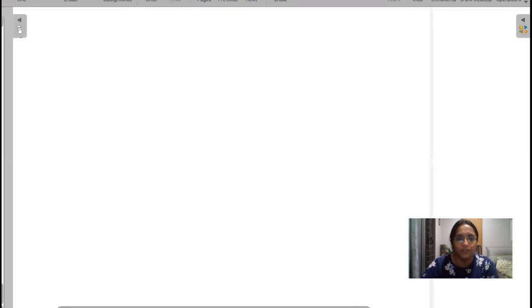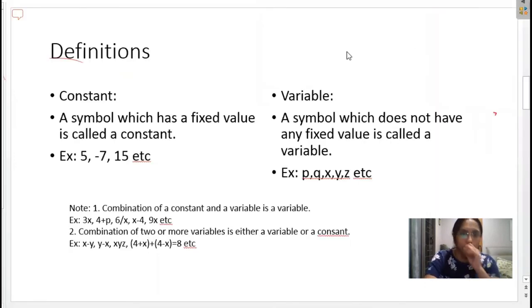I'll take some constants, 2, 3. These are all called constants. A symbol which has a fixed value is called a constant.